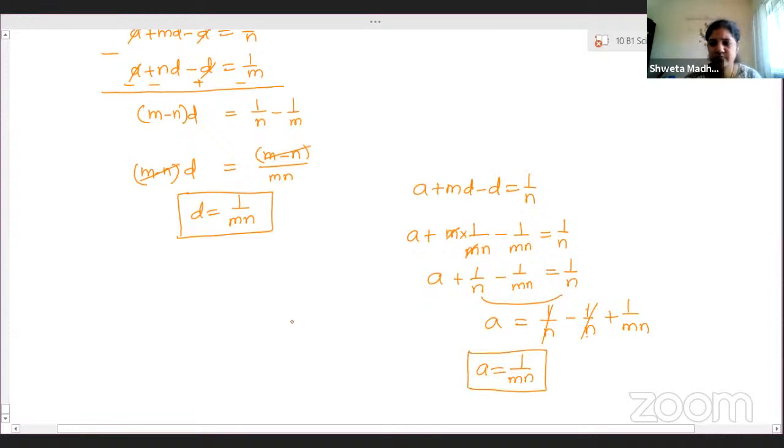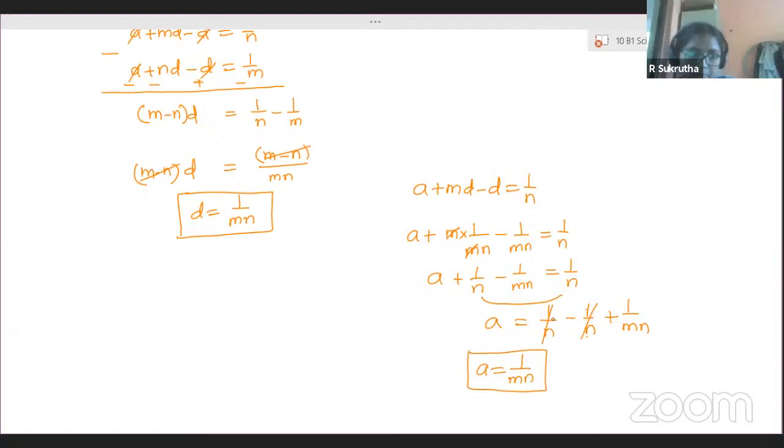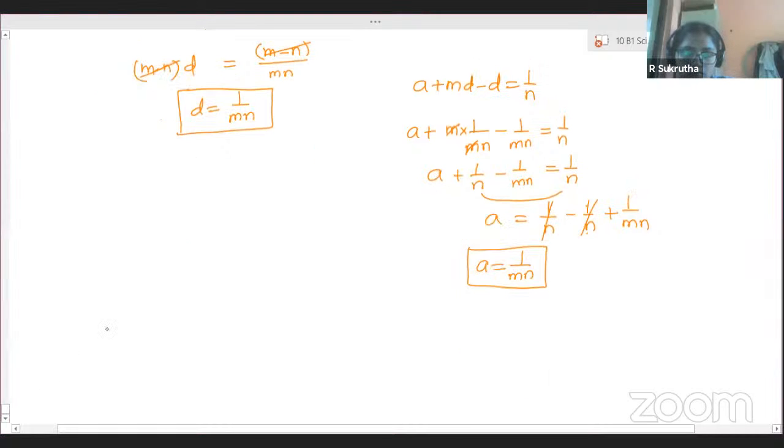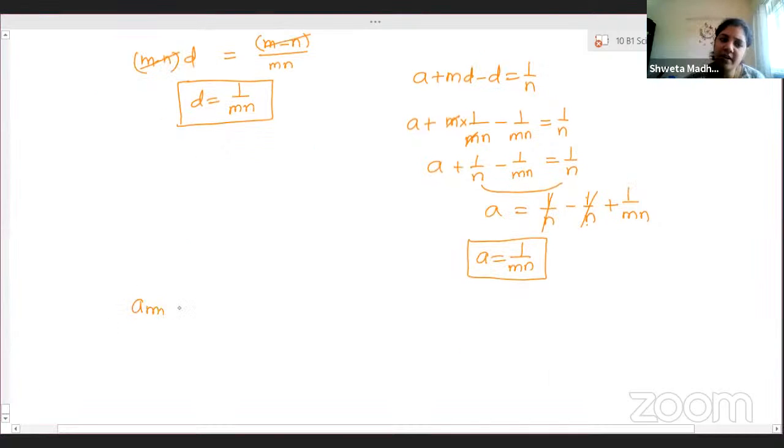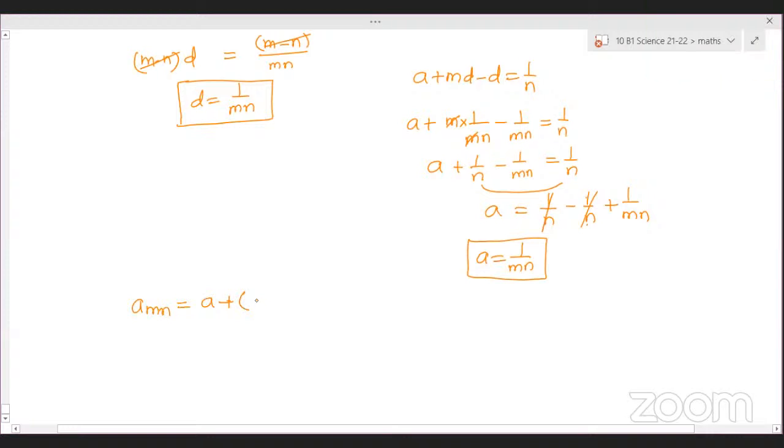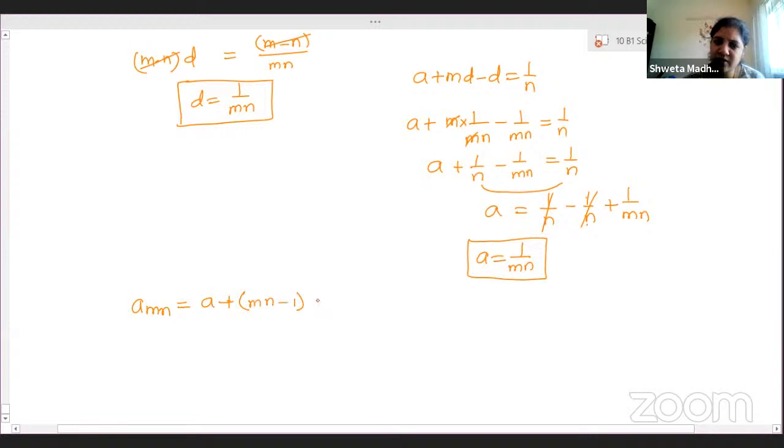Right? So now what are they asking? The mnth term. This is equal to A plus mn minus 1 into d. Right?